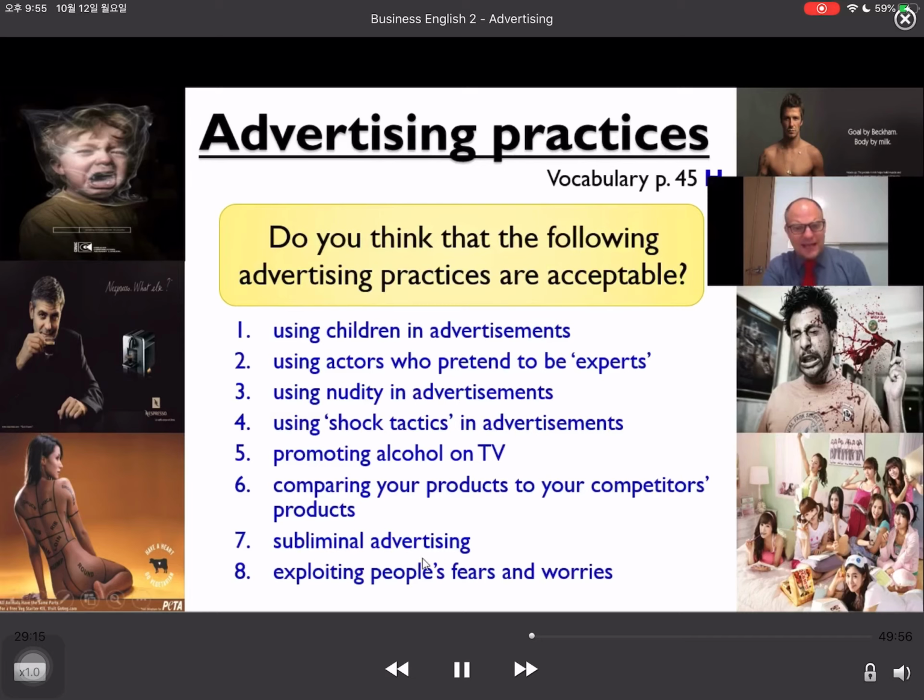Subliminal advertising, making you do your actions without even really telling you they're doing it. I think that could be very, very immoral, really, and if they allow it, it could be used to do quite bad things. So I would say that's probably not acceptable.